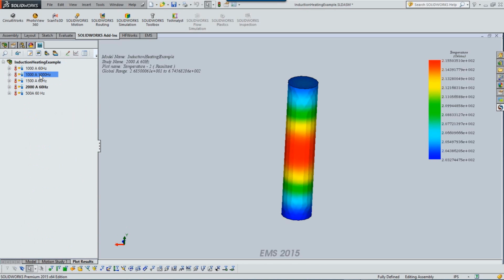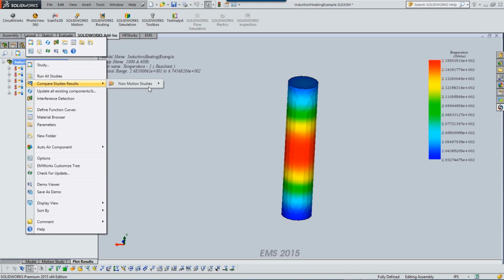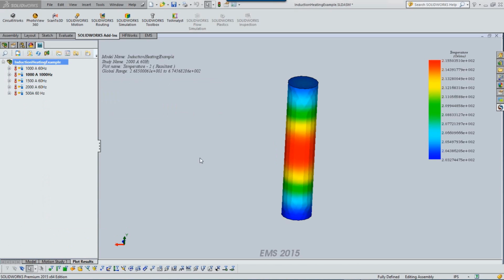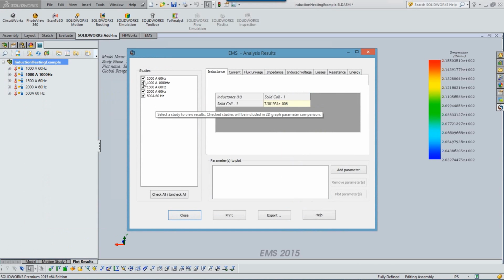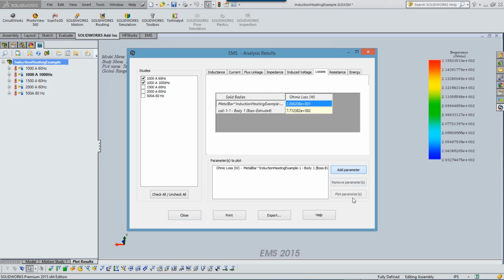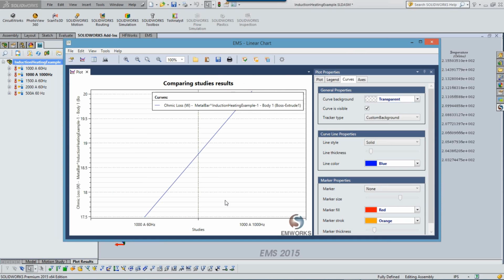So what happens when I have 1000 amps and 1000 hertz, and 1000 amps and 60 hertz? So one can actually do this comparison. I just take the three things that are relevant, and again take a look at the losses, and I'm going to go ahead and compare.